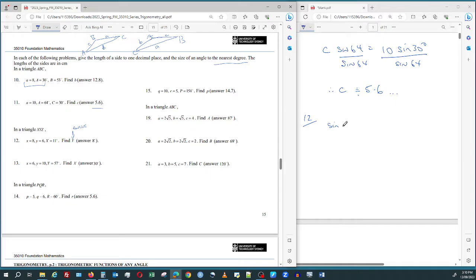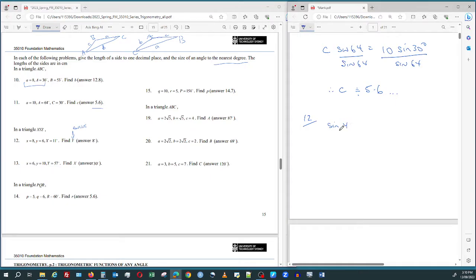So we're going to have sine y over little y is 6 is equal to sine 11 over x, and what's x? Ah, look at that, Simon. Now this is an easy one because we're just going to multiply by 6, and that will cancel, and sine y will be equal to 6 sine 11.